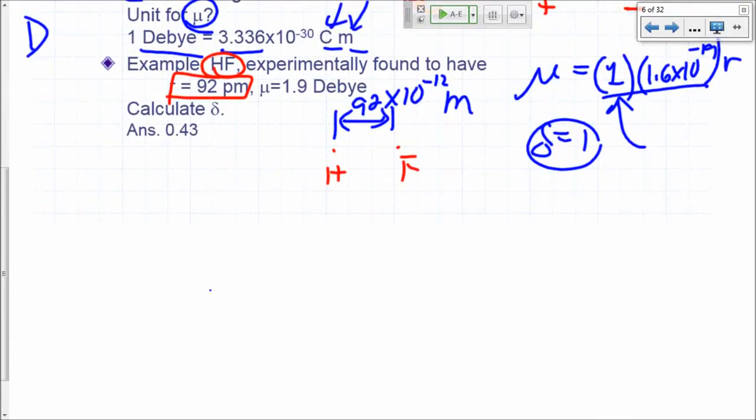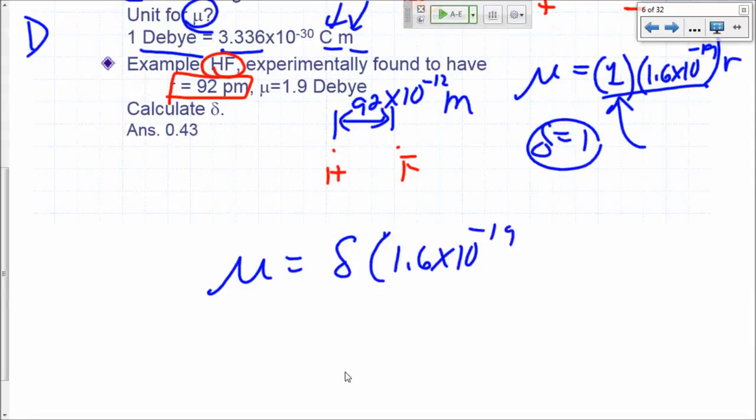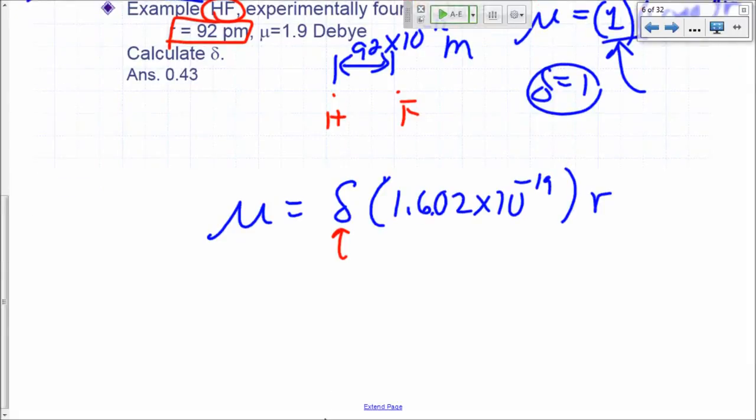How do you solve for the partial charge or the ionic character? What was our formula? Mu equals partial charge times 1.602 times 10 to the negative 19 coulombs times r. How do I solve for delta? Divide both sides by this, right?